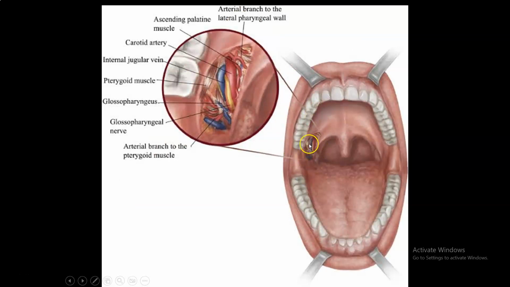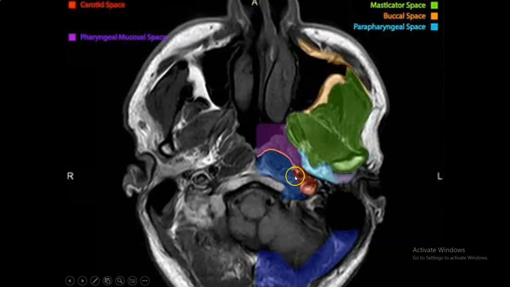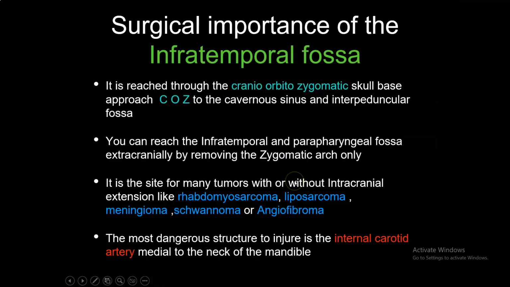If you go from inside, anterior to the anterior pillar, you can find here the carotid, you can find here the internal jugular, and this is a view, parapharyngeal space, present in this region, outside the pharynx, and medial to the infratemporal fossa. And we talked about the contents, as we said, and the surgical importance.